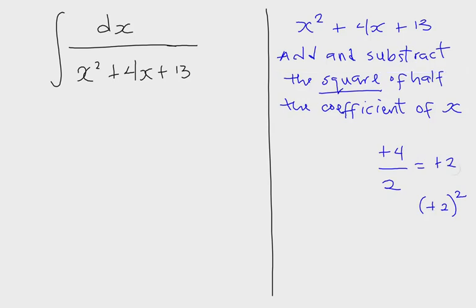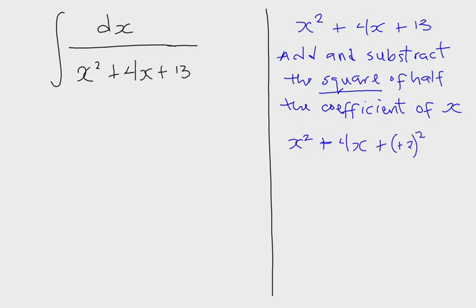That's what we want to do now. So I will say x squared plus 4x, and then I will add 2 squared. I will write plus 13. I will now subtract 2 squared.